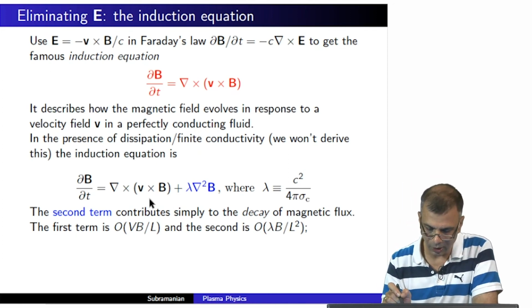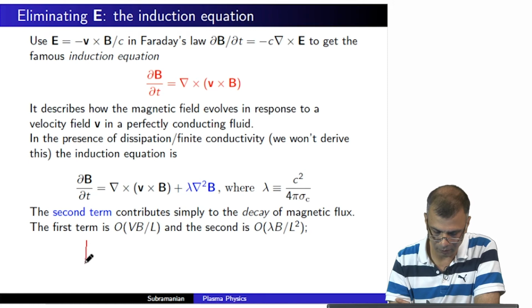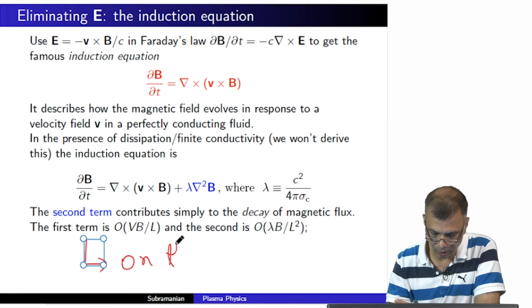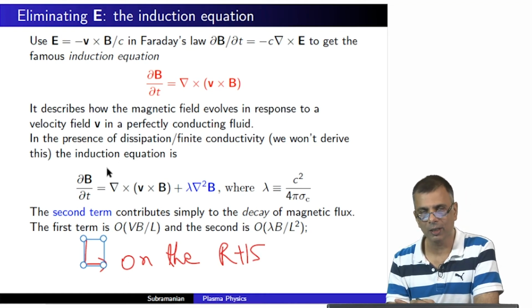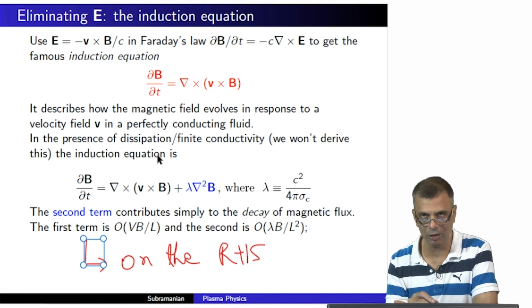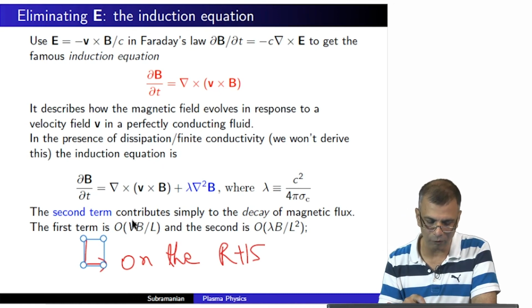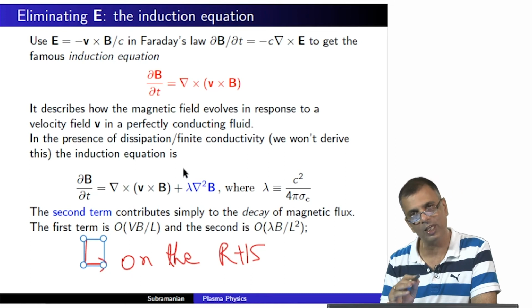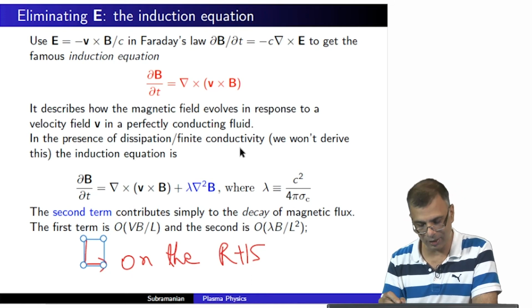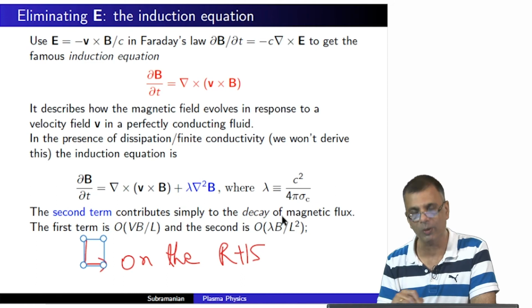The first term on the right hand side is some kind of V times B, and this curl is a differentiation, so it is a d over dx kind of thing, which can be approximated by 1 over L. So, this first term is of order V B over L. The second term is of order, we do not bother about the dimensions of lambda, we keep lambda as it is, and the B as it is, and since this is a del square, it would be something like a d square over dx square, and therefore, that is represented by L square here.